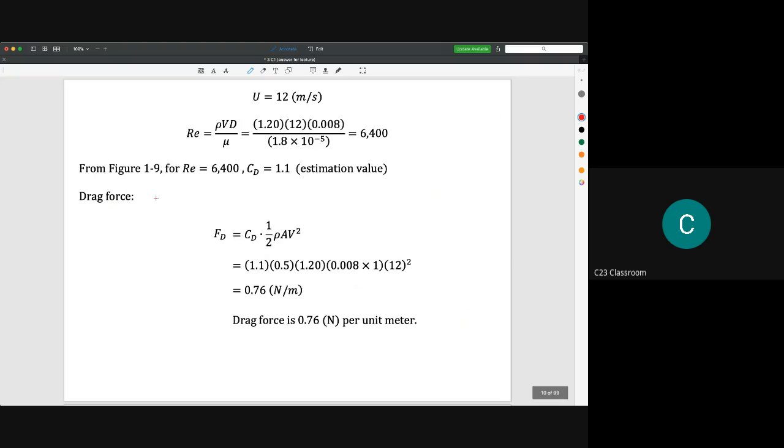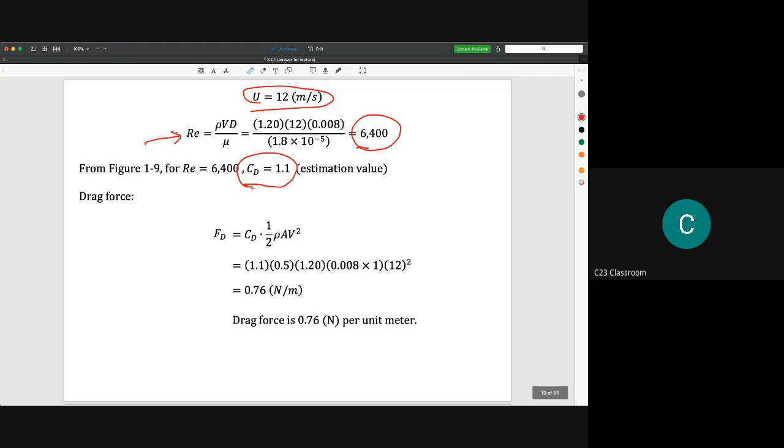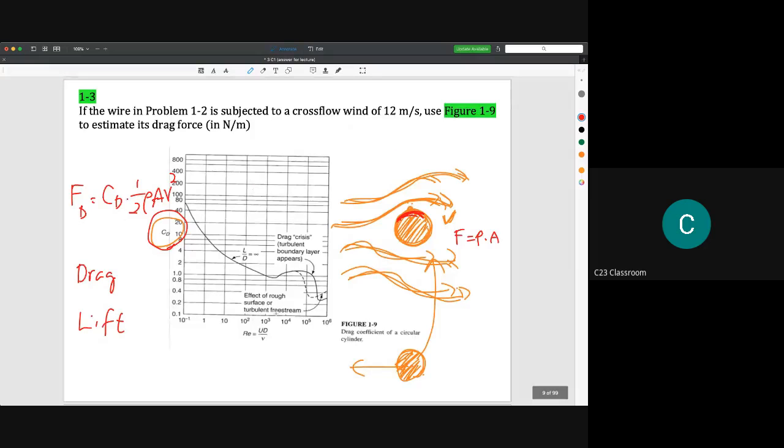As I said, for example in this question you have U equal to 12 meters per second. If we calculate the Reynolds number, you will get 6,400. Then we can get the value of CD by using the chart here. For 6,400, it might be around here, so we might have 1.1.